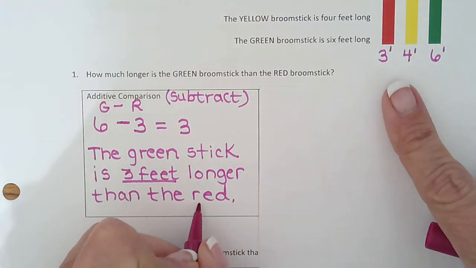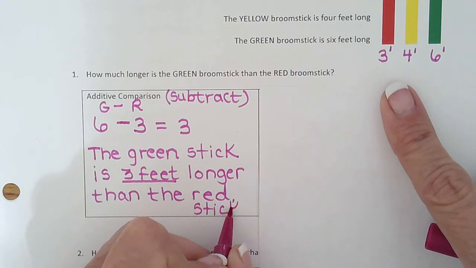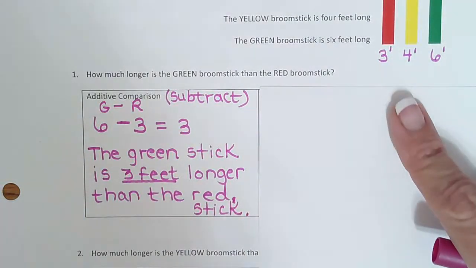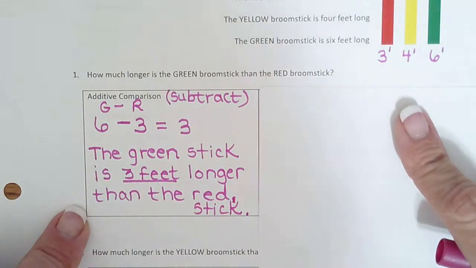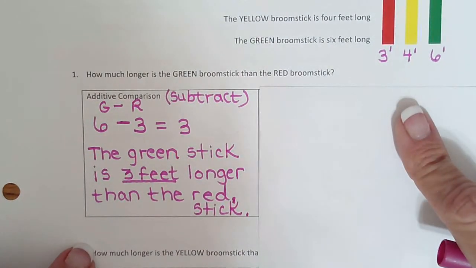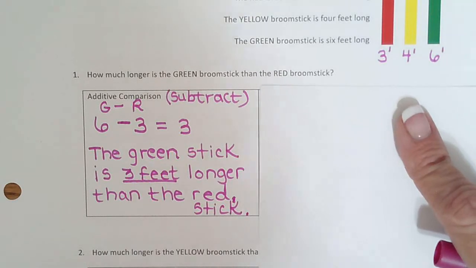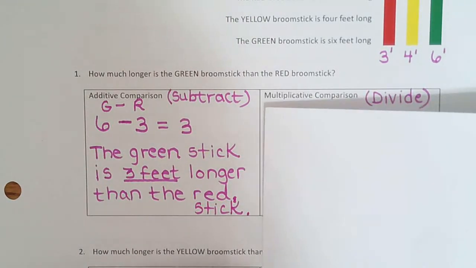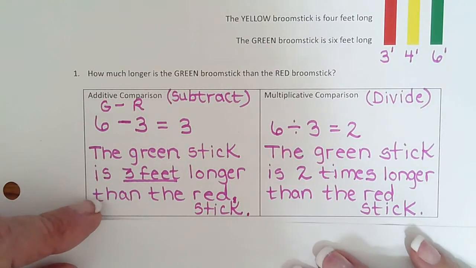Let's go ahead and write stick. So the green stick is 3 feet longer than the red stick. That's using additive reasoning, which means subtract. But we learned there's another kind of reasoning in the first section on the tree problem, and that's called multiplicative reasoning.